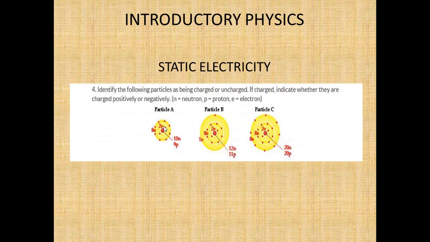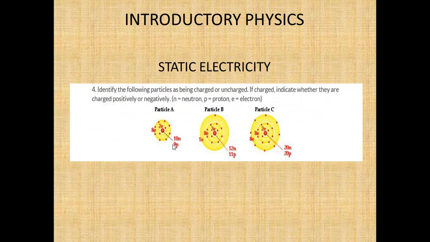You have 2 in the inner shell, and in the outer shell you have 8. So the outer shell has 8 electrons and the inner shell has 2 electrons, for a total of 10 electrons. So you have 10 electrons and you have 9 protons.